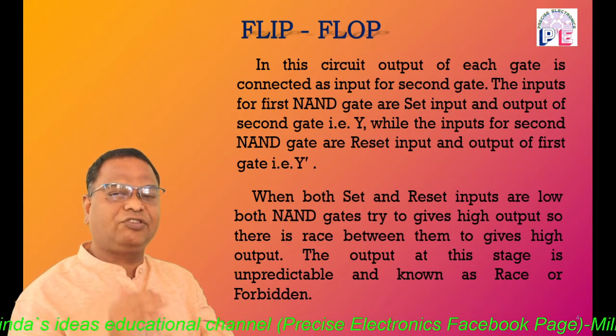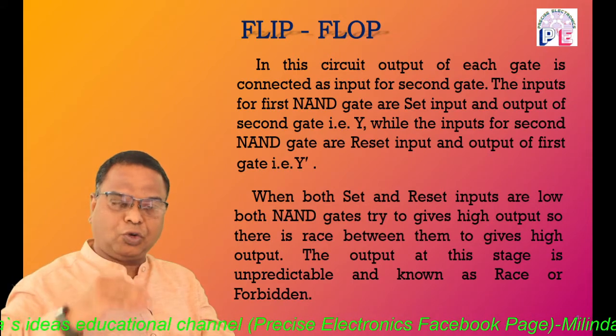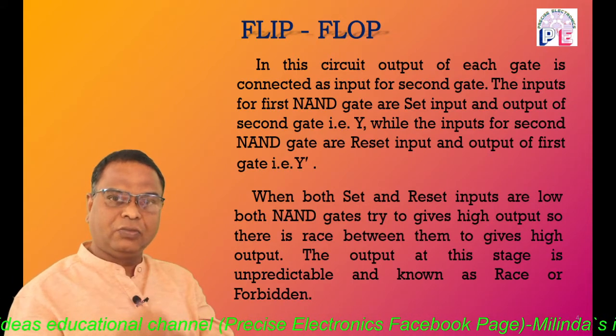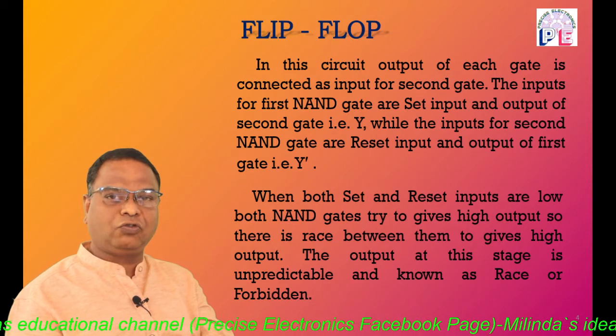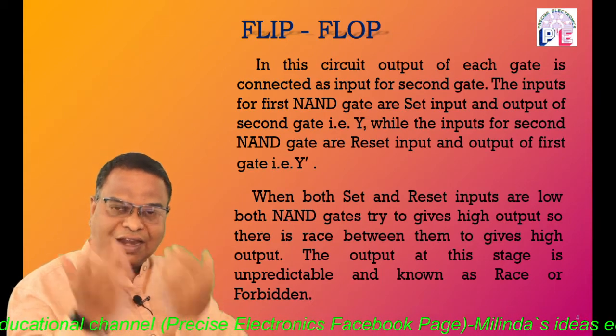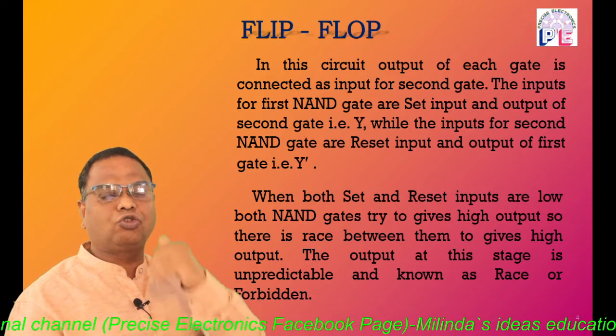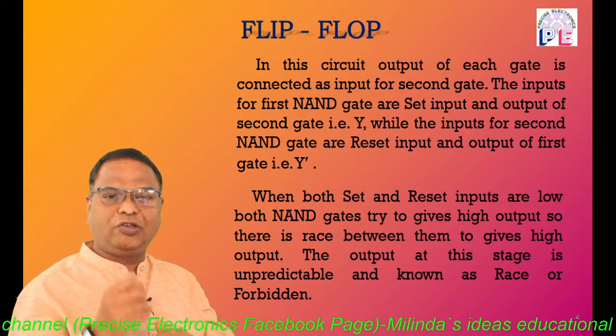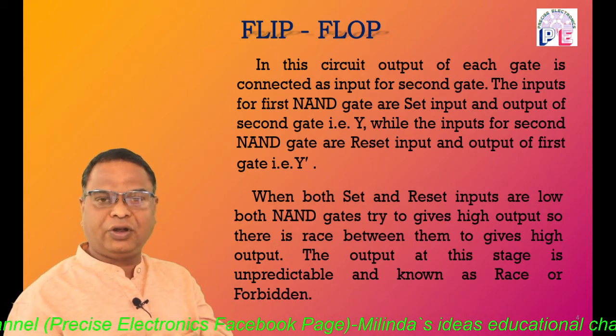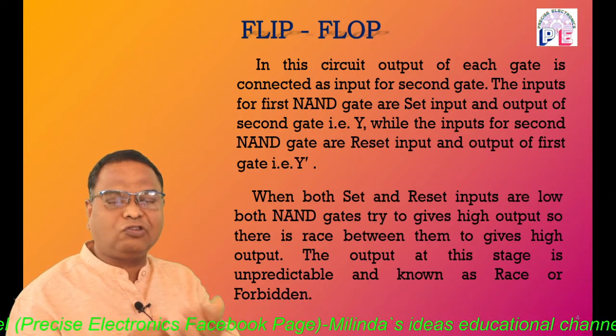A NAND gate is a gate which gives a high output when one of the inputs drops to low level. In this case, both the set and reset inputs of the NAND gates are connected to low logic. The output of both NAND gates goes to high level. So obviously Y should be 1 and Y complement is also 1.